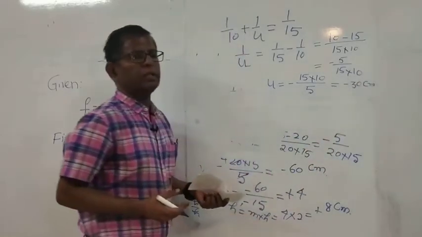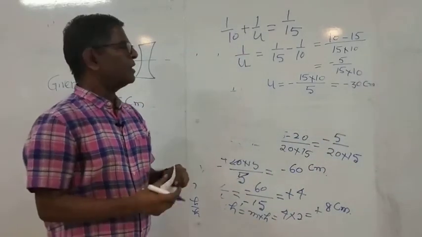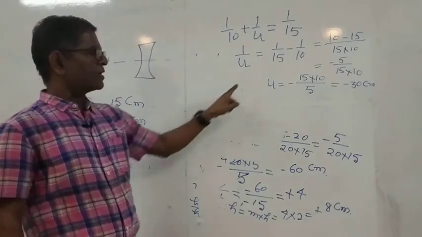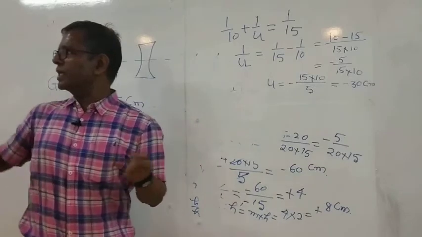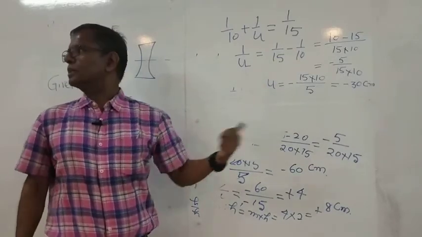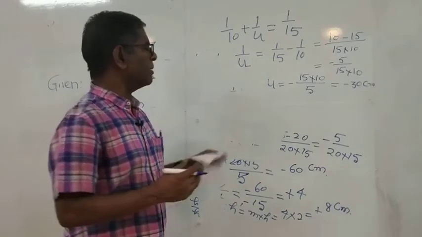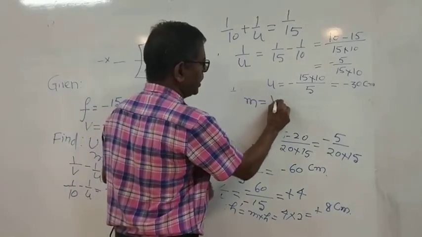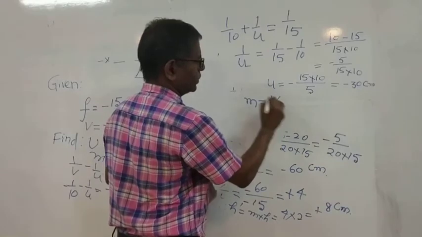That means you know that U is always negative, so the object is always kept on the left side. So now the answer is object distance is 30 centimeter from the lens, and you have to find out the magnification. So again apply the formula. M is equal to V by U, right?